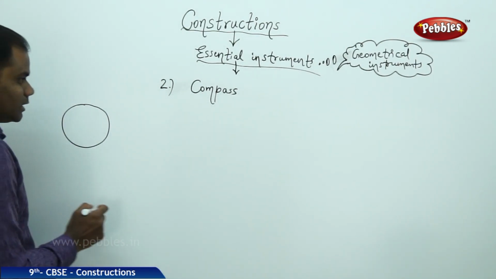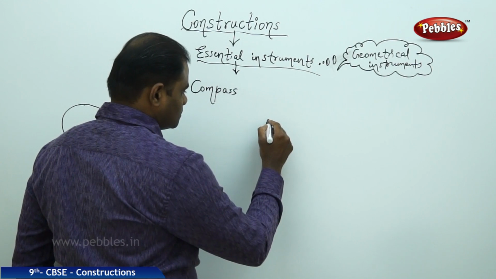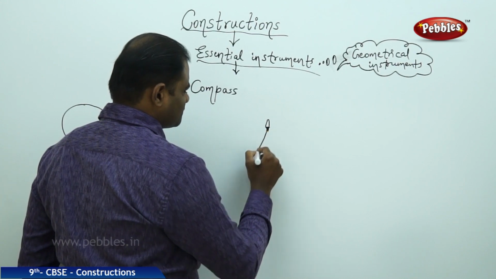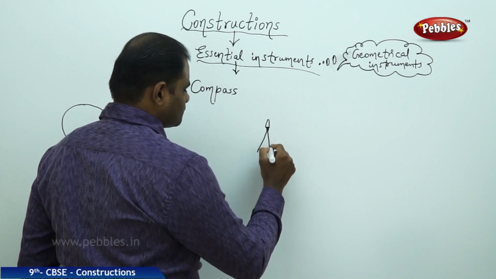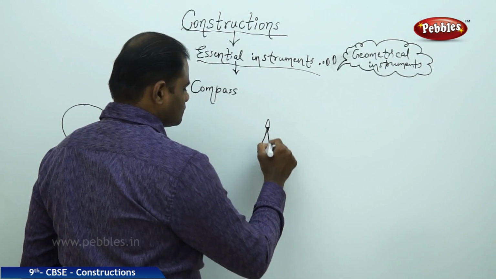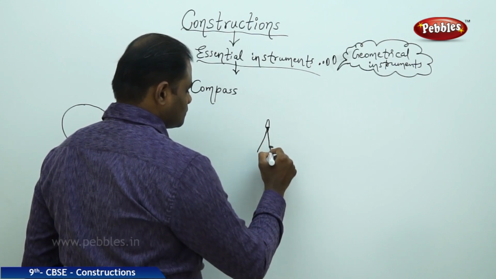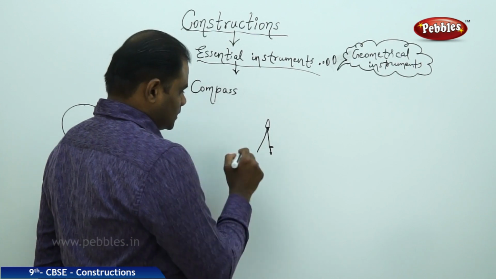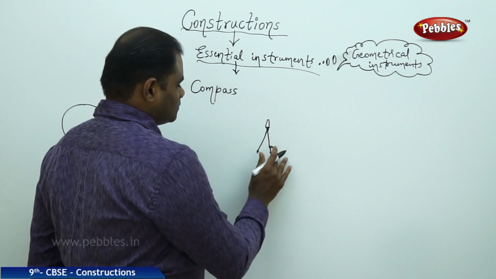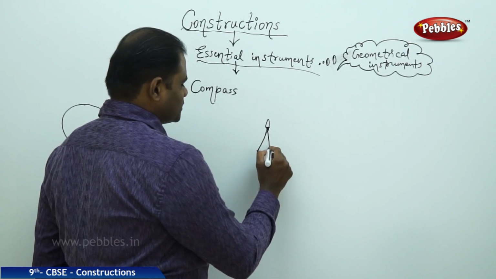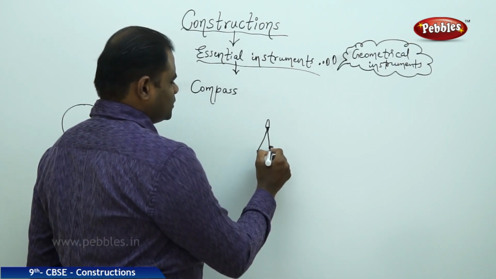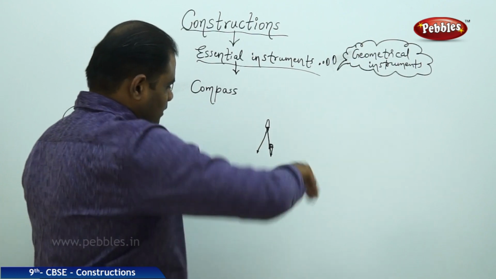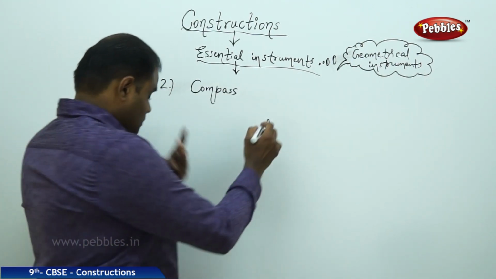Usually a compass has a fixed instrument which is pointed, and then the other end is fixed with a pencil. So here I usually put a pencil, and then I can rotate through the compass.